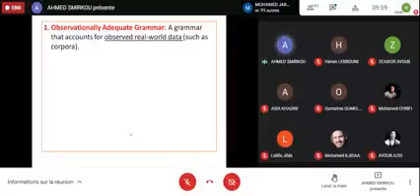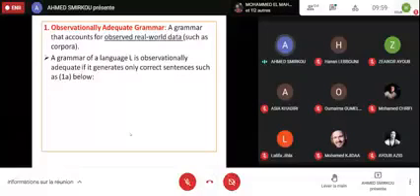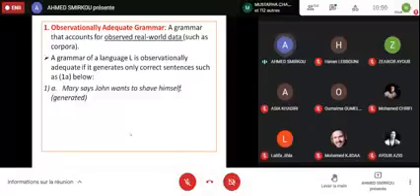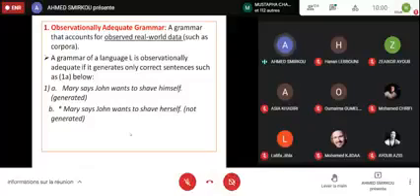So any grammar that is observationally adequate is capable of generating only correct sentences. A grammar of a language is observationally adequate if it generates only correct sentences, such as the first sentence. Look at these two sentences. A, Mary says John wants to shave himself.